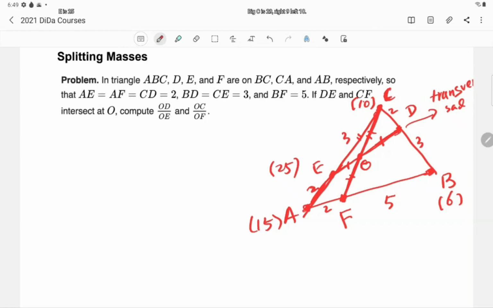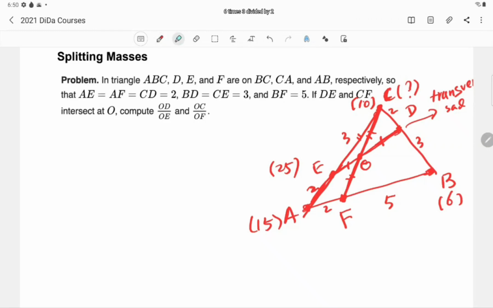What else? So the right. How do we get the right hand mass of C? It needs to multiply 2.